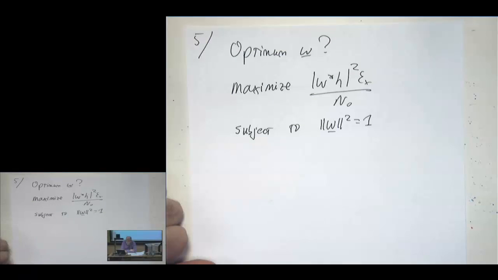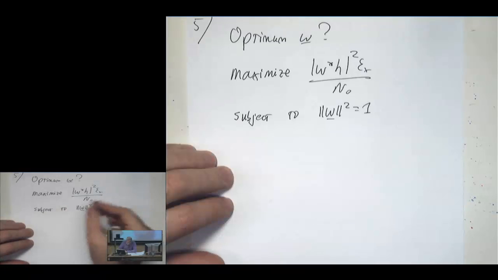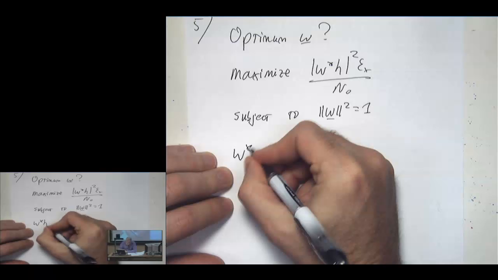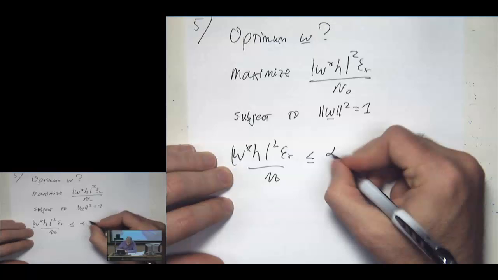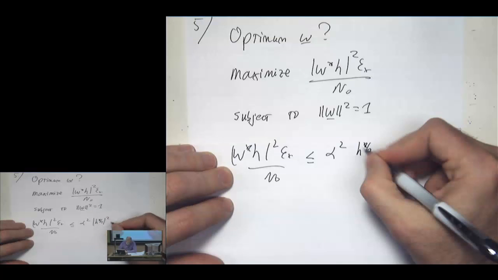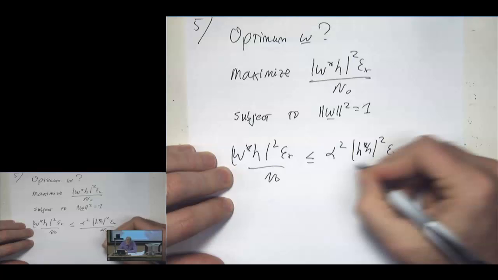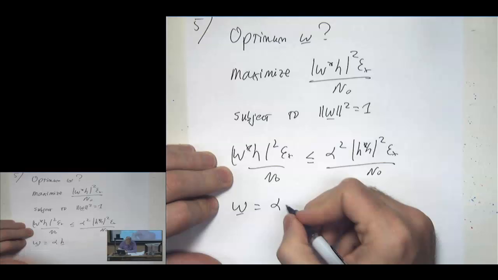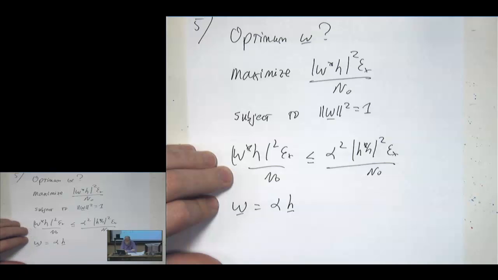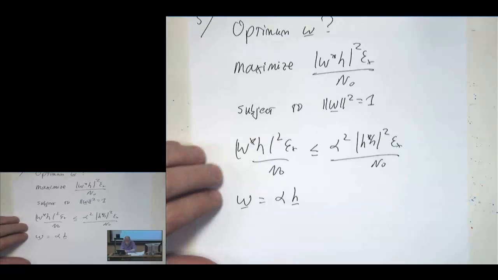Now, we already know from what we did last time that this W star H norm squared E_X over N naught is less than or equal to some alpha squared, H star H squared E_X over N naught, where the optimum W is equal to some scalar times the channel, H. So it's kind of like a match filter here.